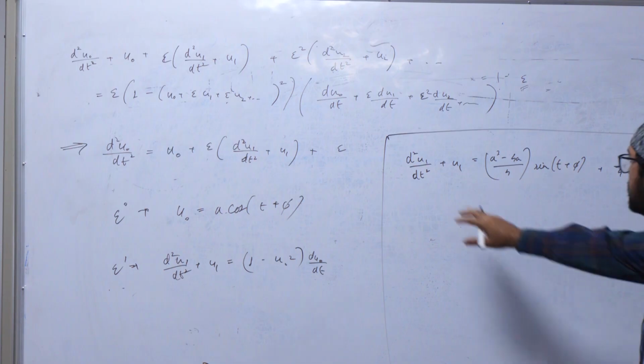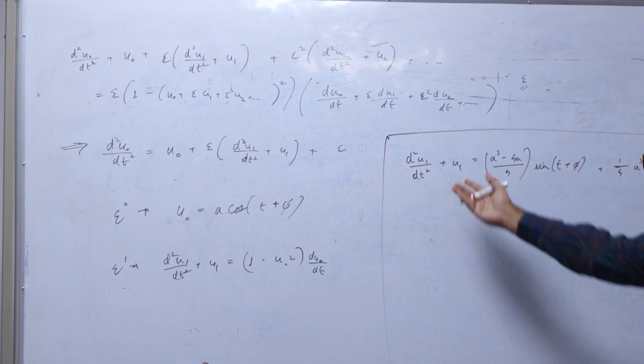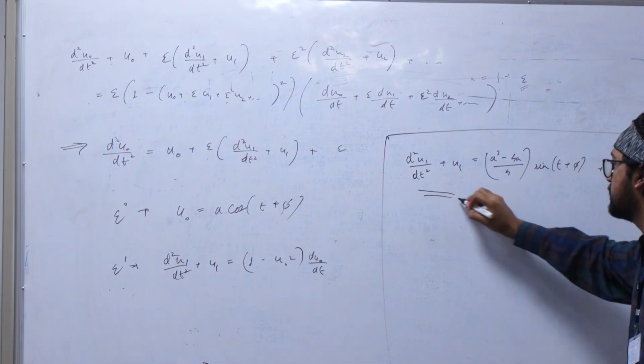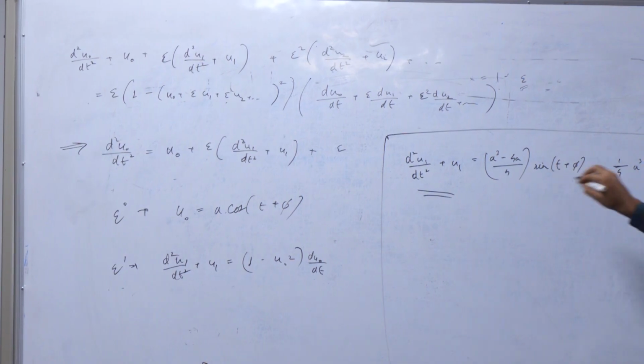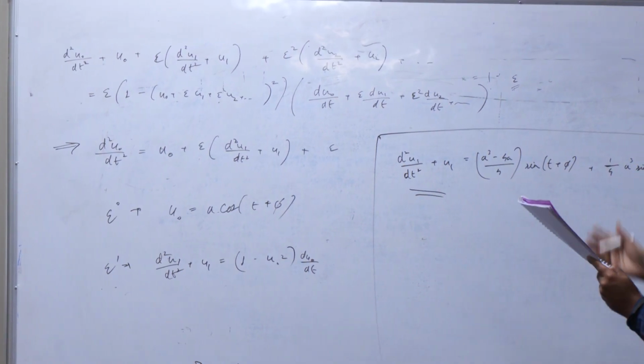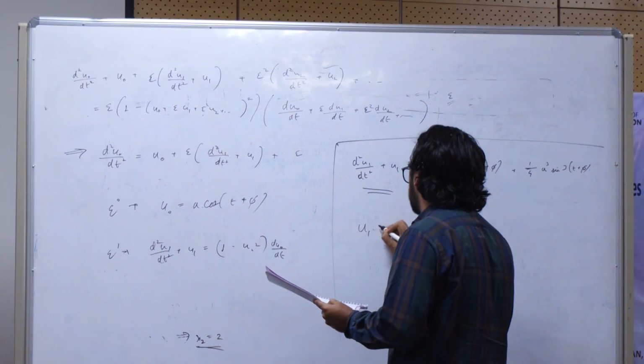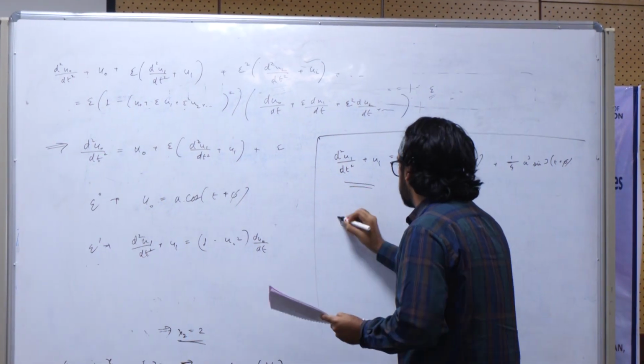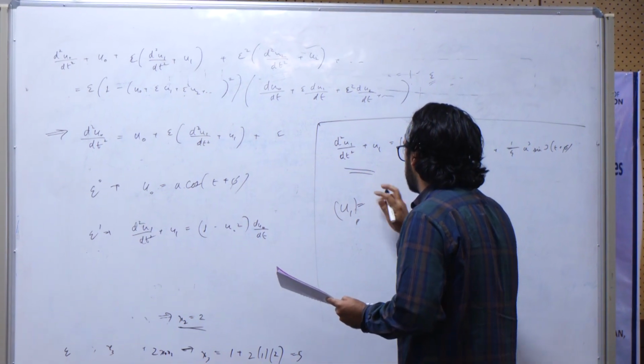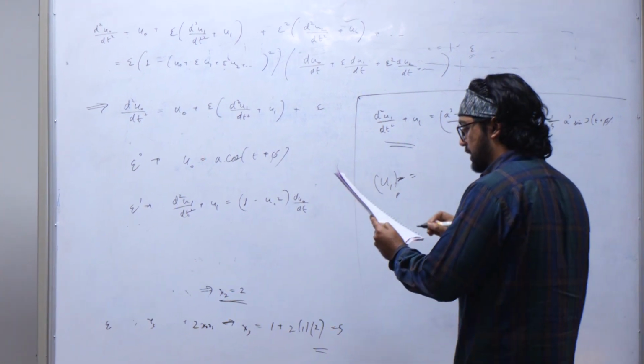And so now we can obtain the solution for u1. You can treat this as a complementary function, and you have the particular integral, the part given by this. And then we obtain the solution u1, which is, I'll just write the particular solution. The general solution just follows from that.